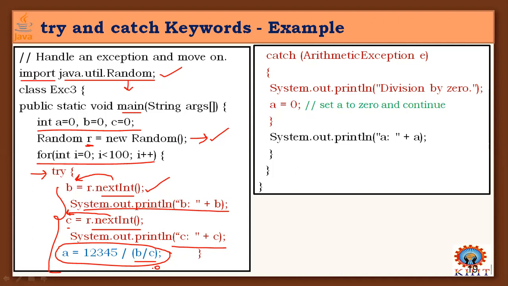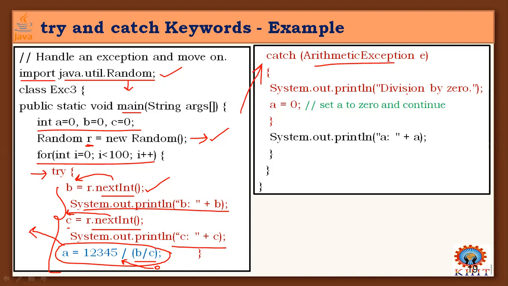When it becomes 0, something divided by 0 gives an arithmetic division by 0 error, that is an arithmetic exception. In that case only, this exception is raised and thrown by this try block and caught by this catch block.